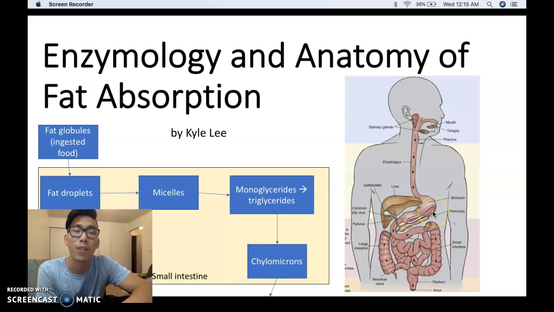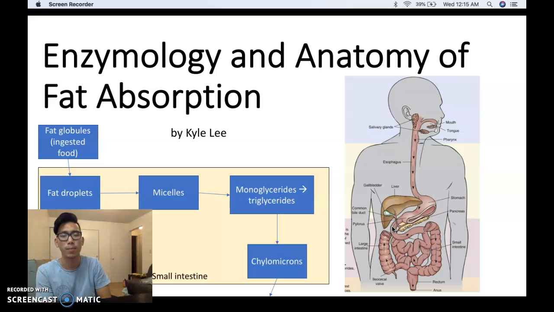Bolus further gets broken down into watery chyme, and the chyme then enters the small intestine via the pyloric valve. So the pyloric valve will open, allowing small amounts of chyme to enter the duodenum of the small intestine. And it is in the duodenum of the small intestine where most nutrient absorption takes place.